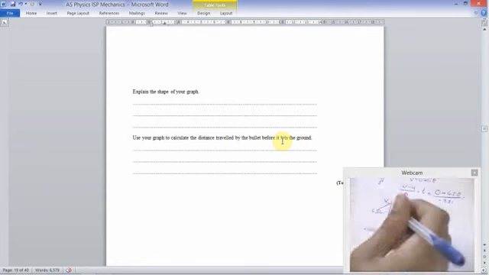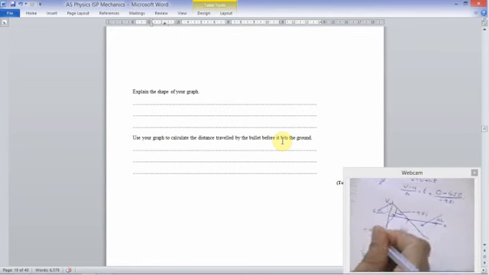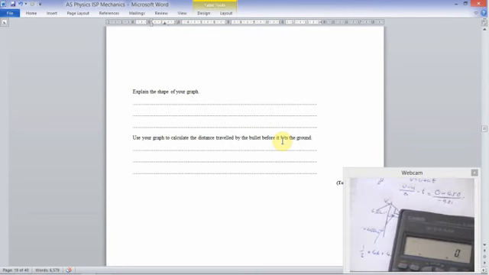The area of that triangle is going to be half base, 46, times height, 450. So 0.5, which is half, times the base, 46, times the height, 450. This all comes from our idea that the area under a velocity time graph tells you the distance travelled.